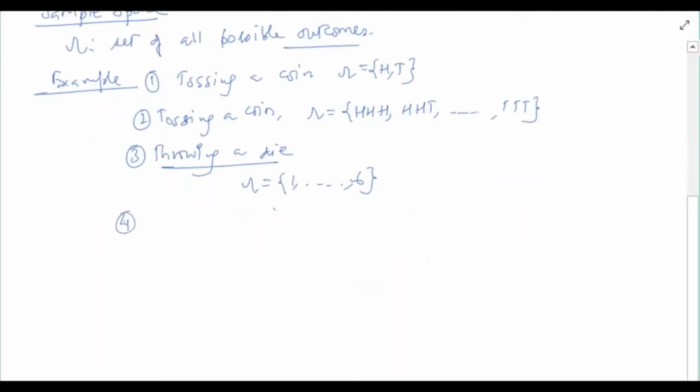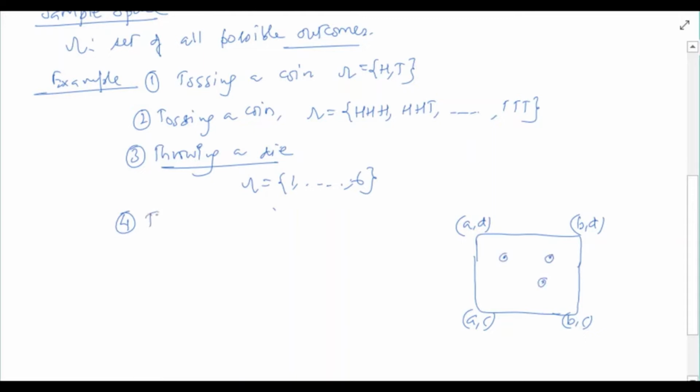Next, consider that we have a rectangular floor. Let's say here is a floor and its coordinates are AC, BC, AD and BD. I throw a coin on this floor, the coin lands somewhere, and the point where the coin lands is the outcome of my experiment.